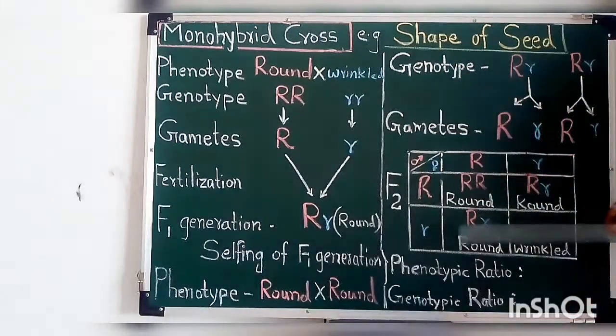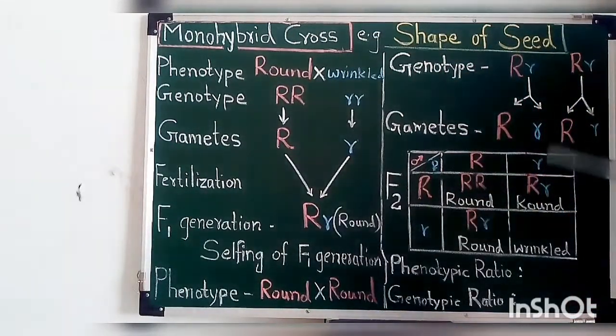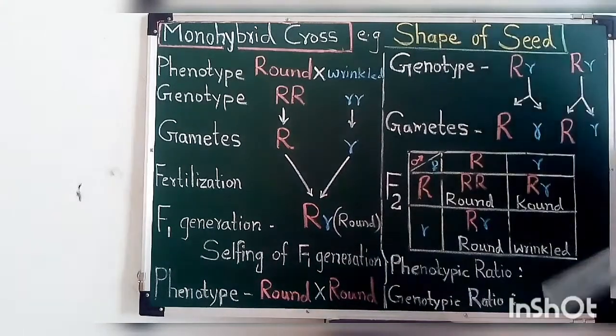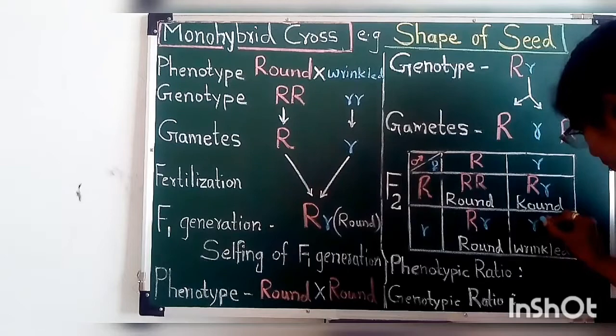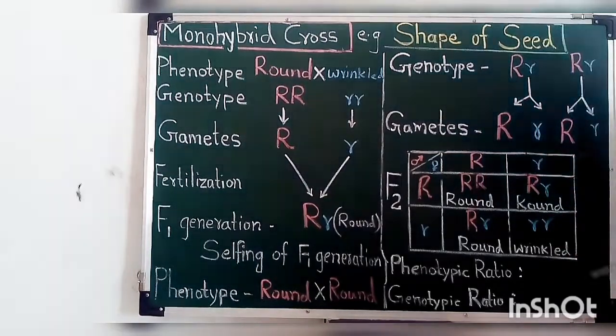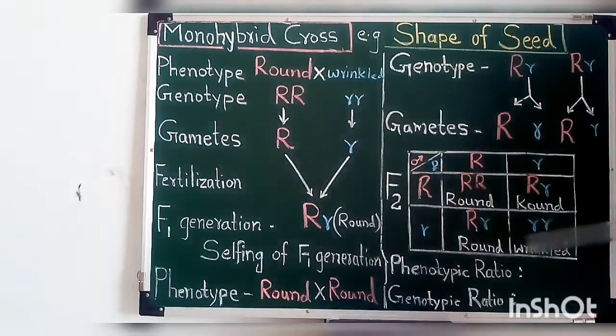Now comes the last one. We have to cross this small r with this small r. So simply we'll be writing the two small r's next to each other. So now our checkerboard is completed.